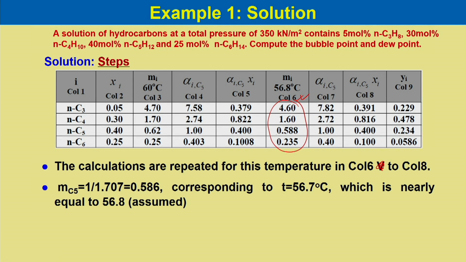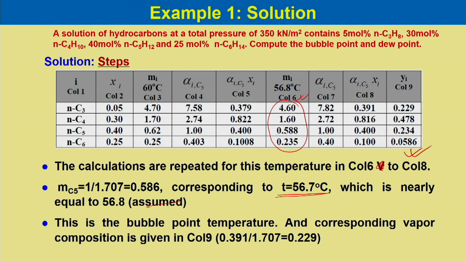Corresponding to that we have 56.7 degree centigrade, which is nearly equal to the 56.8 assumed. So, further calculation has not been done. This is how we can obtain the bubble point temperature. Corresponding vapor composition is given in column 9 over here, which is 0.229, and we can calculate the other compositions.